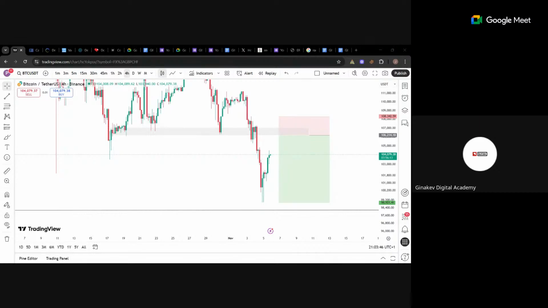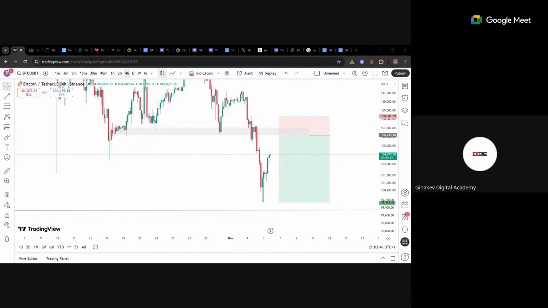I would say there's really no difference to me. But majorly, the main difference would be that the change of character is usually seen on the lower time frame. And you know what lower time frames are.